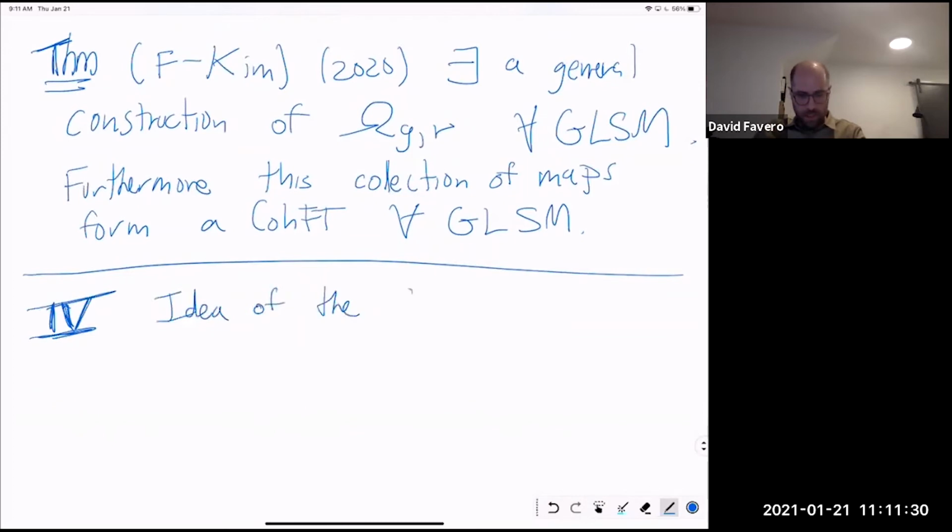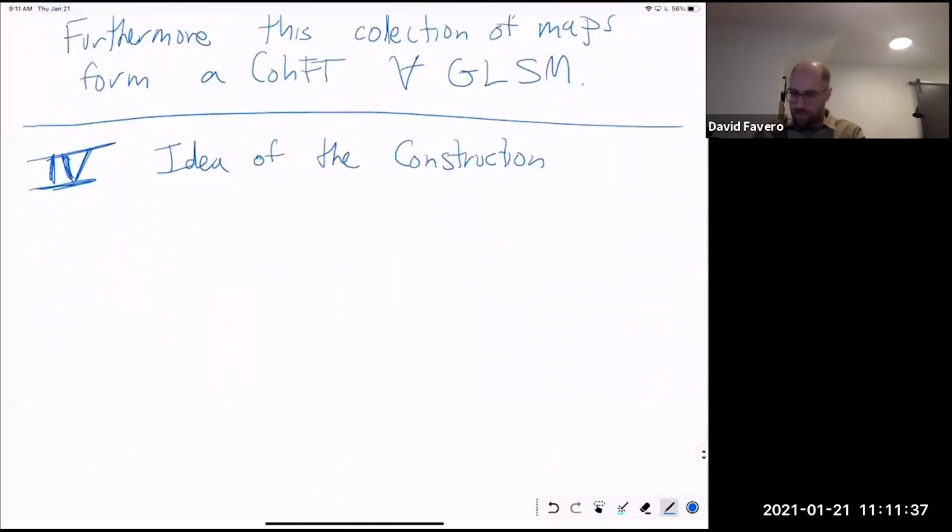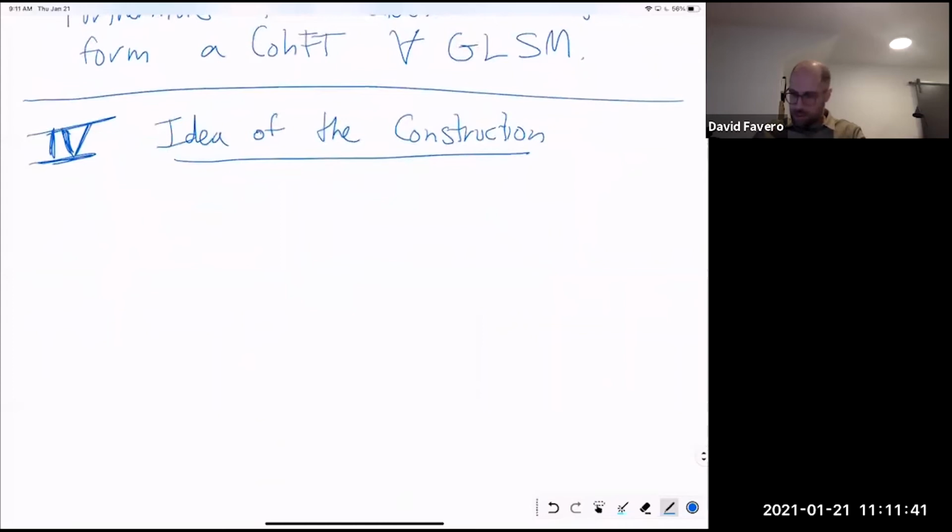So we have this moduli space of maps. It has an evaluation map down to some space.